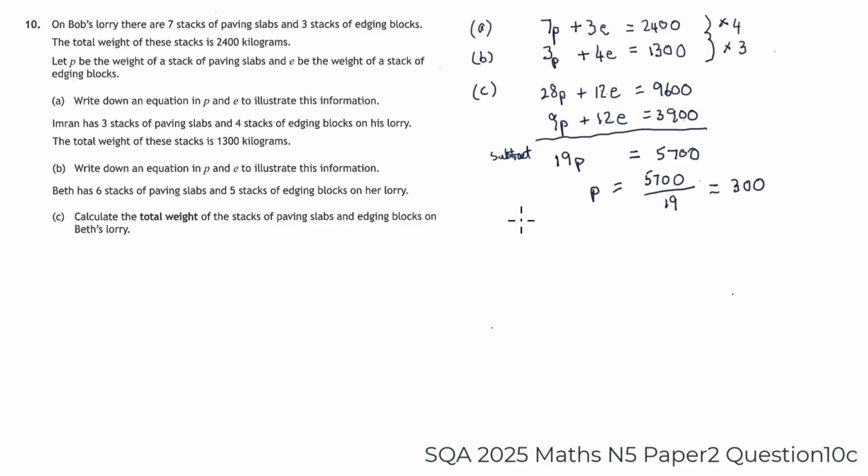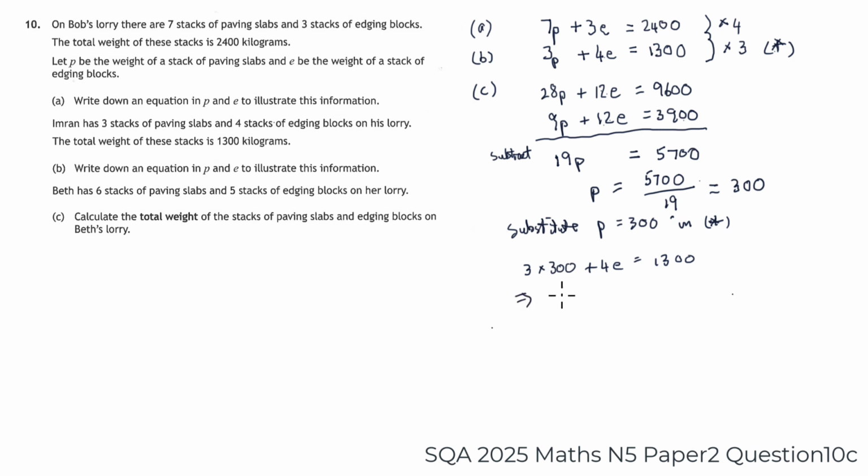We'll now substitute that. Let's use the second equation here, this one. So we'll substitute P equals 300 in that equation up here. So instead of 3 times P, we'll have 3 times 300, add 4E, and we'll get 1,300.